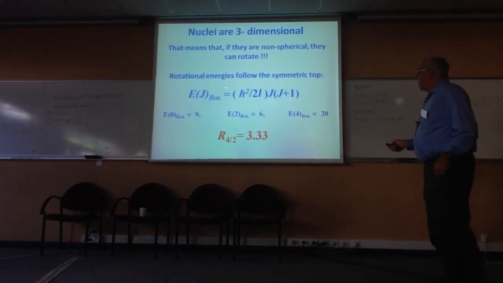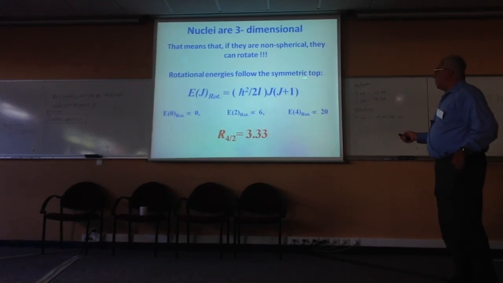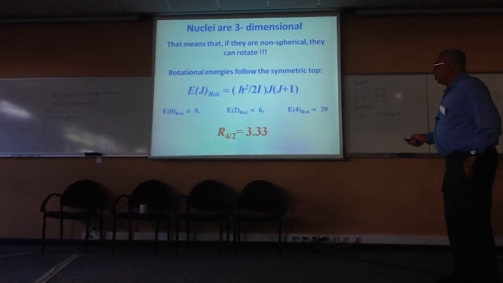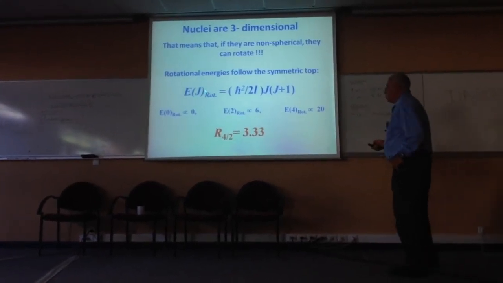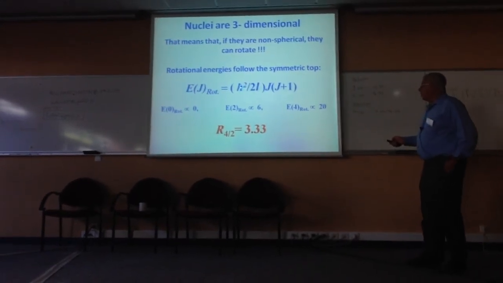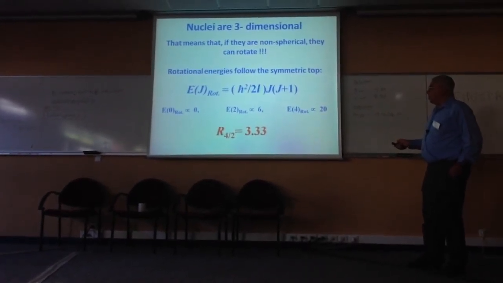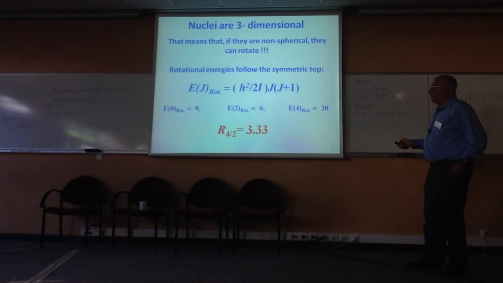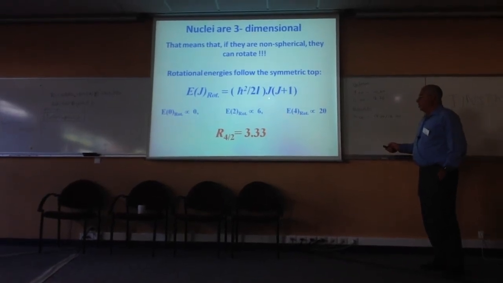Those energies follow the energies for the quantum mechanical symmetric top, which means that the energies of these rotational states go as h-bar squared over 2 times the moment of inertia times J(J+1). A comment here that I should have made before.